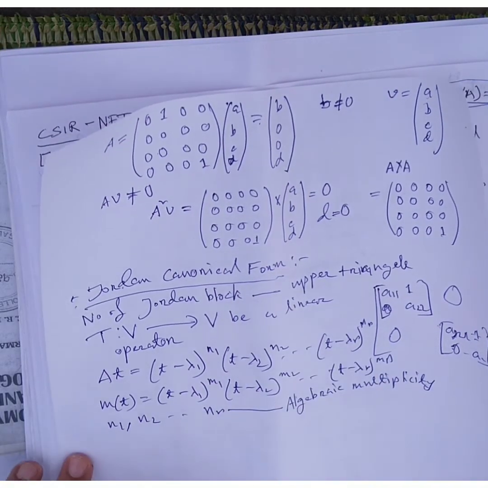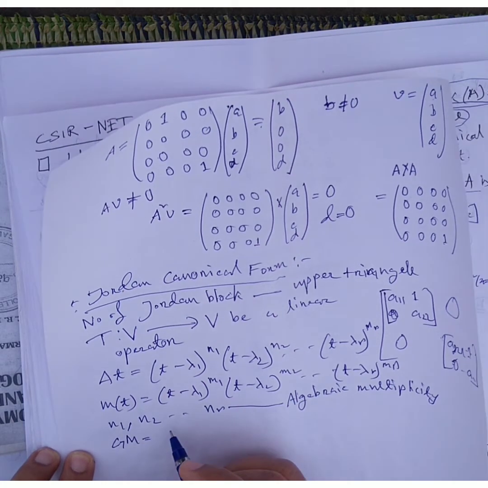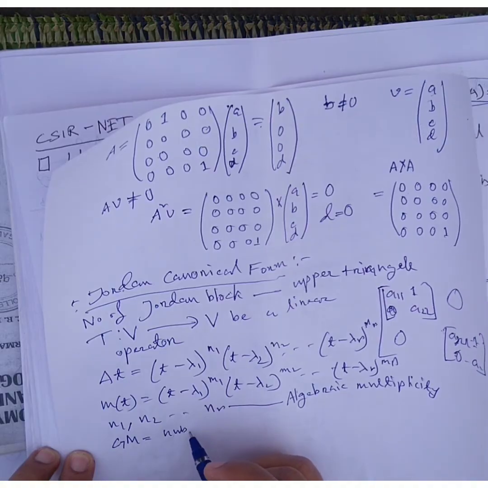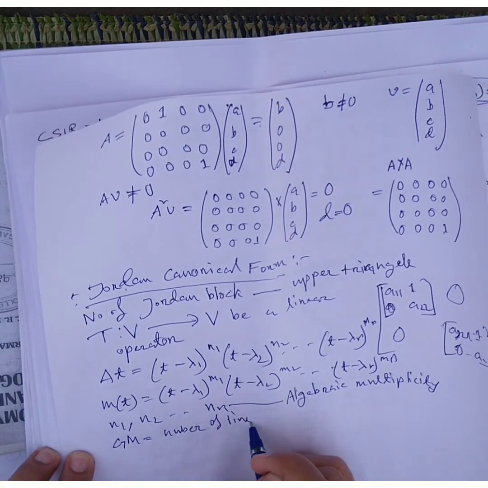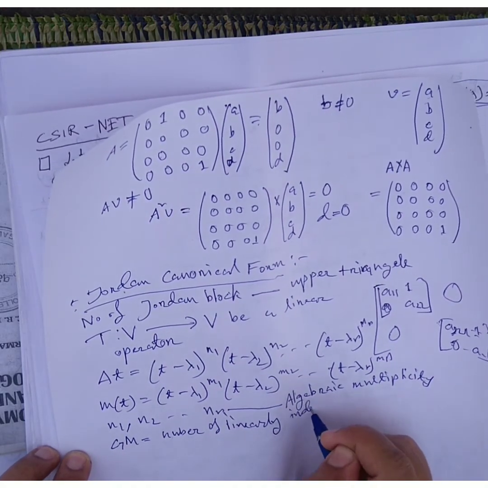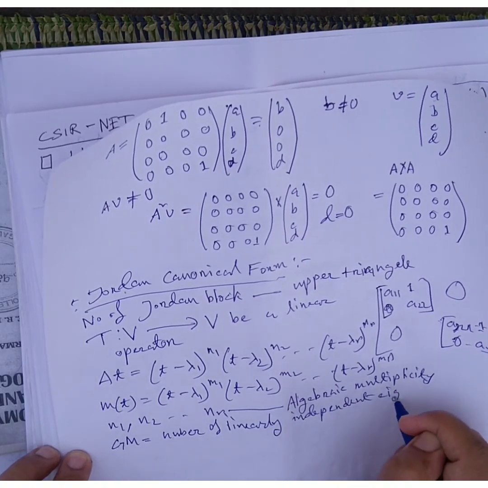And gm, which I also discussed, is the number of linearly independent eigenvectors.